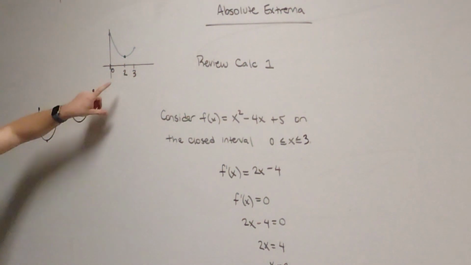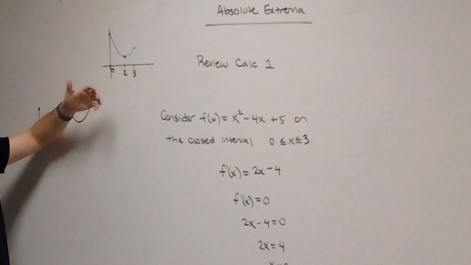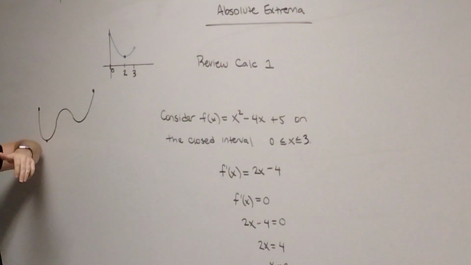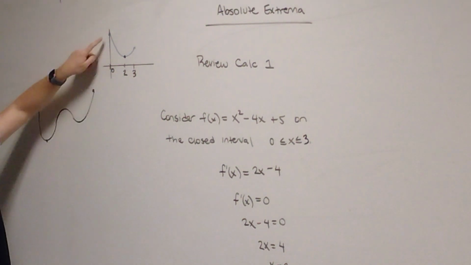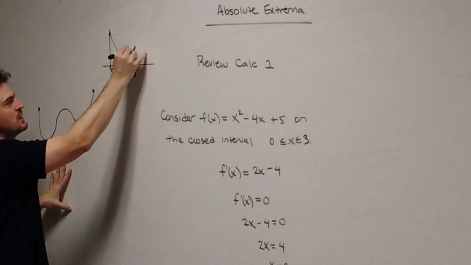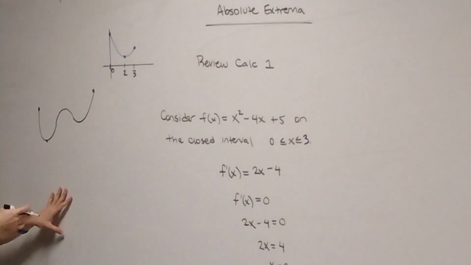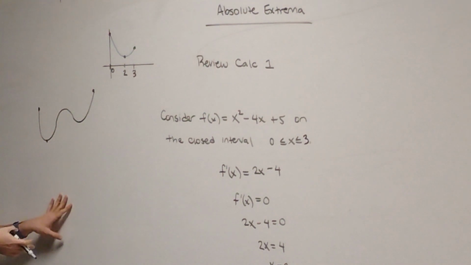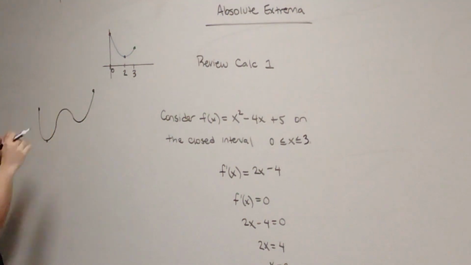So it turns out we don't actually care if this is a max or a min. We just care that it's a critical number. So to figure out the absolute maximum, all I want to know is of these 3 points, 1, 2, 3, which one has the highest y value, and which one has the lowest y value. That's it. I don't care if it's on the boundary. I don't even care if it's a critical number.